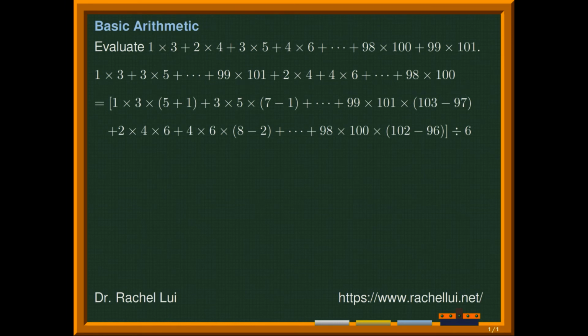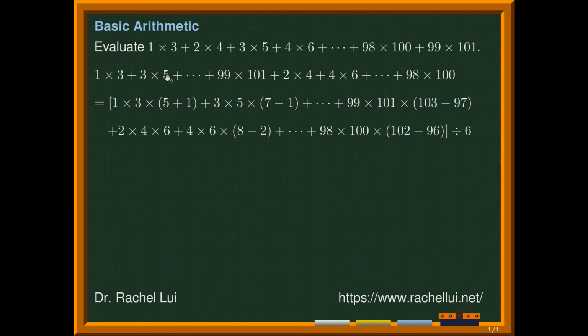Then I will use the skills that we learned in the previous two examples. So for every single term, I'm going to multiply it by 6 and then add all these things up. At the end, I divide all of them by 6. So why do we multiply each term by 6? Let's take this term as an example.